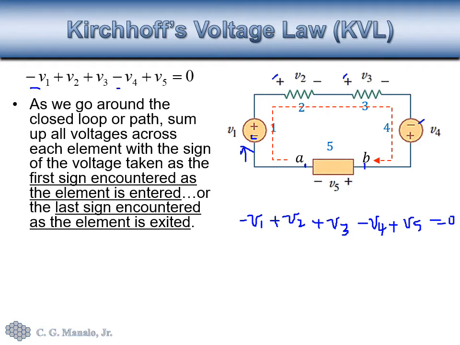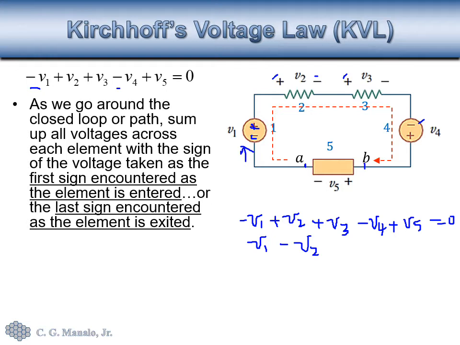So for example, instead of the sign I first encountered when entering the element, I use the sign when I leave the element. So for V1, that should be positive V1. For V2, that should be negative V2 because when I leave V2, it is a negative sign.